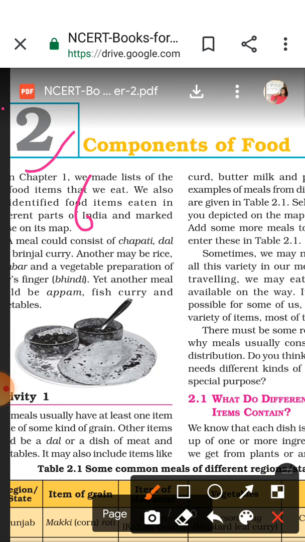A flesh eating animal, meaning an animal that eats other animals is called carnivorous, and a plant eating animal is called herbivorous, and an animal that eats both plants and animals is called omnivorous.